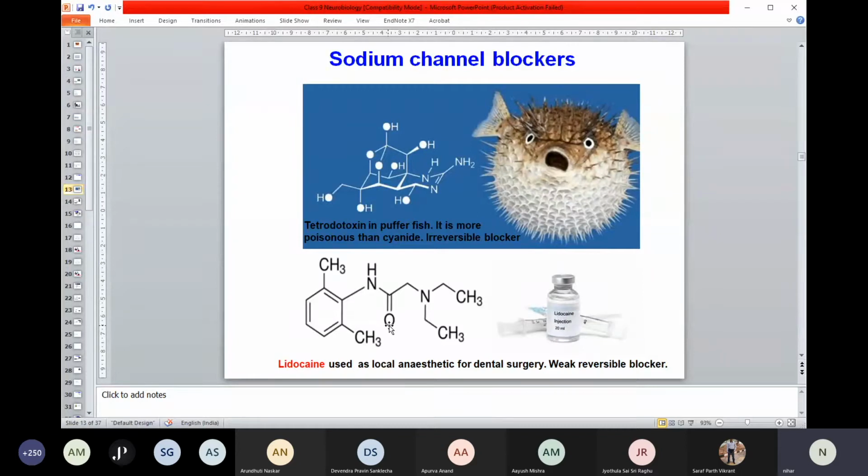The doctor actually injects a local anesthetic. Local anesthesia makes you senseless, and you can understand that the local anesthetic is nothing but lidocaine. So this is a weak and reversible blocker of the voltage gated sodium channel.